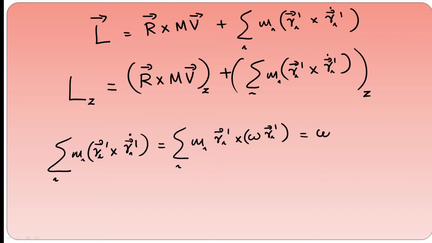This will be equal to omega into summation over I Mi Ri prime square. Summation Mi Ri prime square is I0, so this is I0 omega.